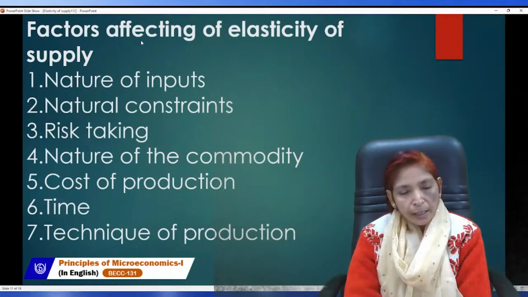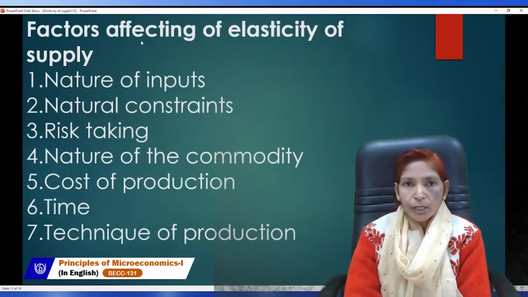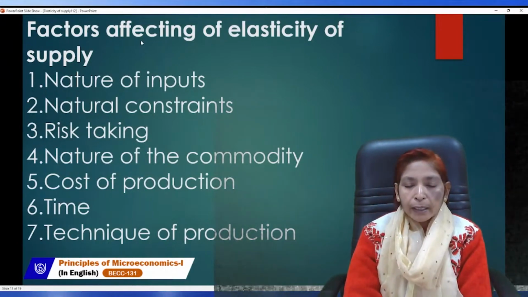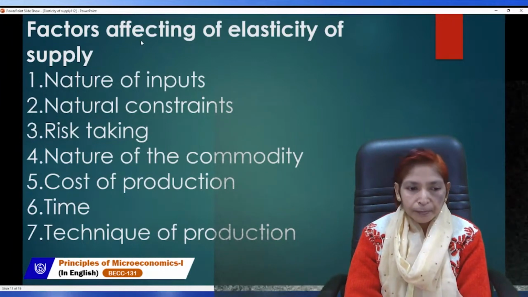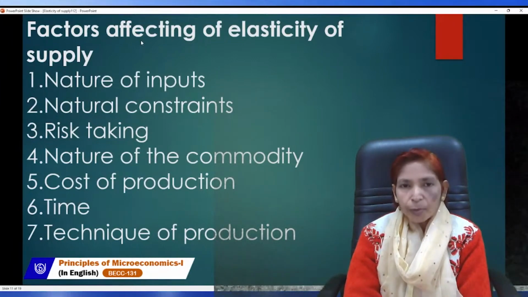Next and last point is technique of production. Technique of production also affects the elasticity of supply. Techniques of production may be of two types.